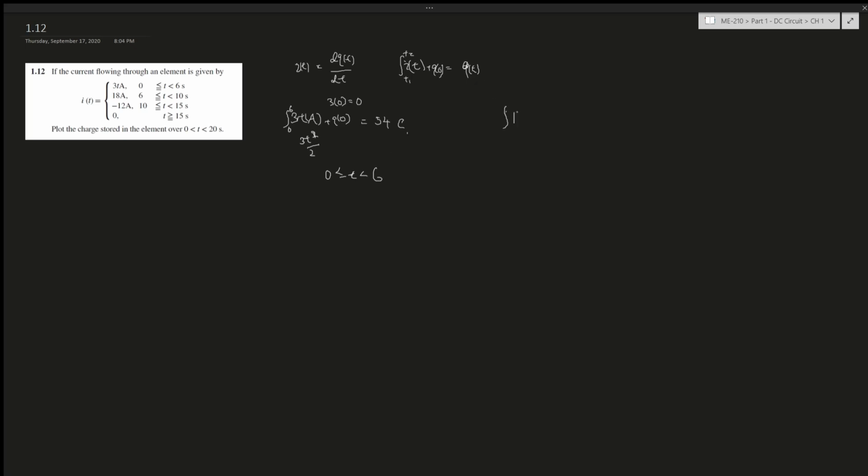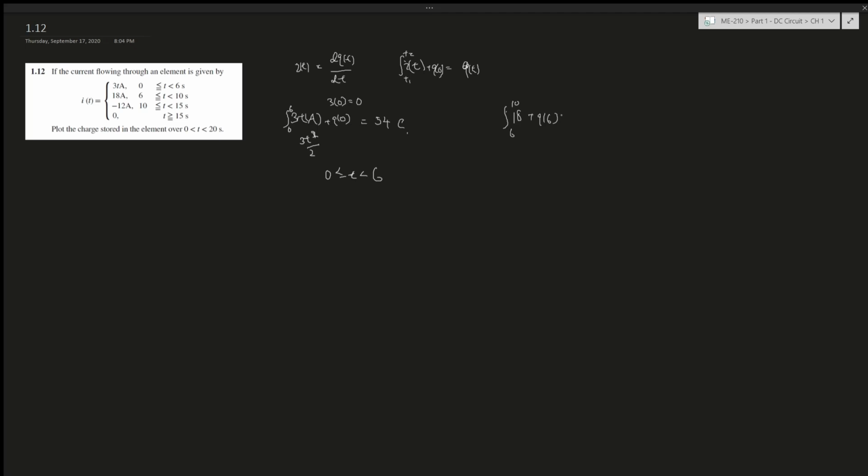And the next one is 18. Take the integral of 18 from 6 to 10 seconds. This time we'll add q(6), because that's when this integral started. This change happened, so we'll add that as a constant.